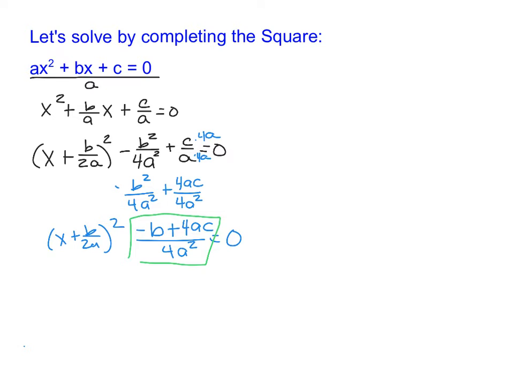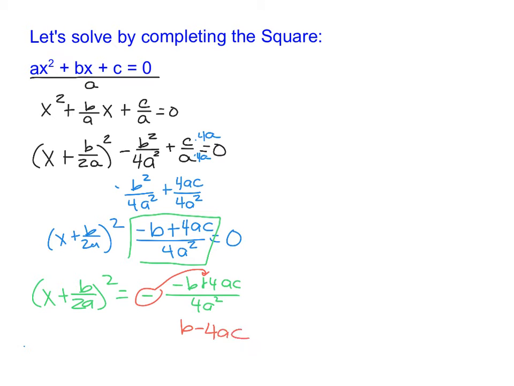So this becomes x plus b over 2a squared equals negative b squared plus 4ac over 4a squared. I'm going to distribute this negative in, so it becomes b squared minus 4ac all over 4a squared. So that negative b squared became positive b squared and so on.